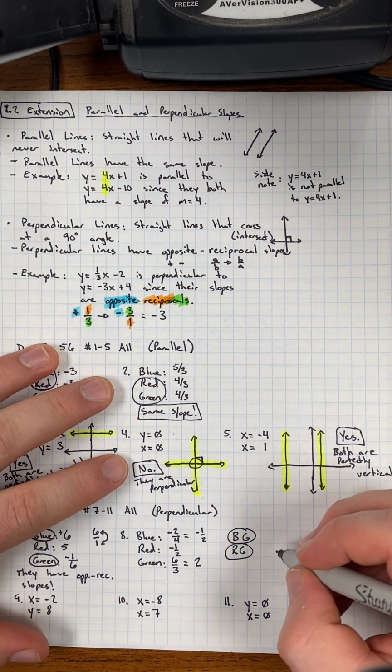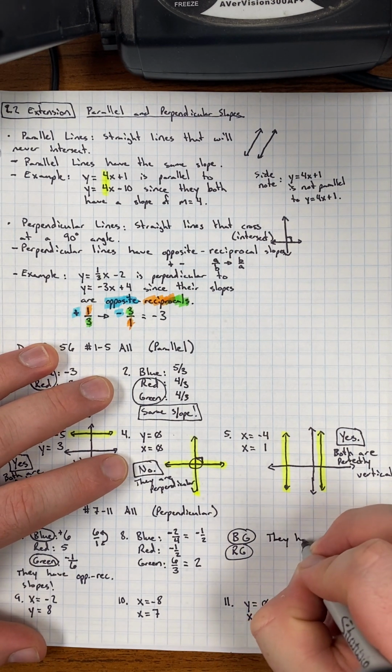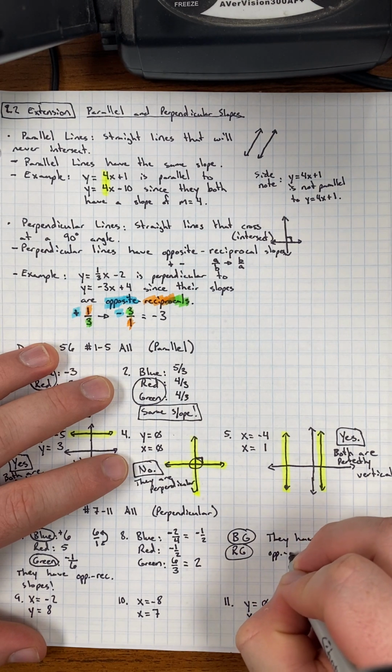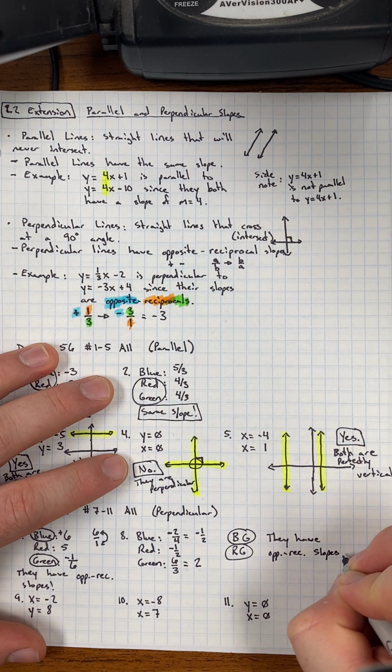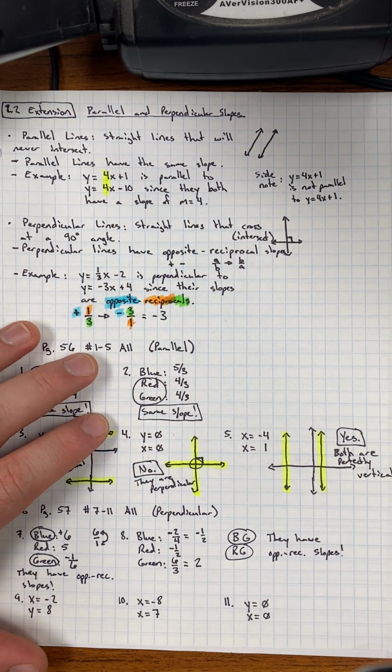And so my reasoning here is the same as last. They have opposite reciprocal slopes, okay? And let's just check that claim because we're saying it, but is it true?